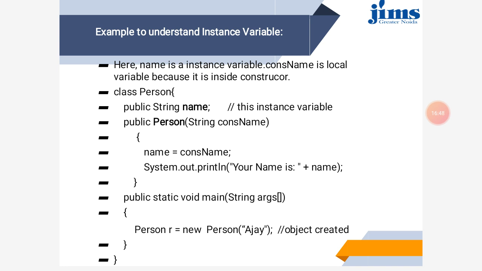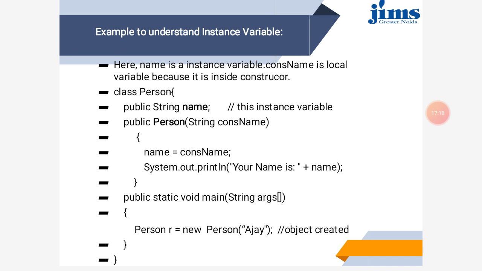This is known as a constructor. When the method name is the same as the class name, then it becomes a constructor. And what this constructor is doing here, it is initializing the instance variable name. The value is coming through the parameter list, and you are assigning a value, initializing the instance variable here.